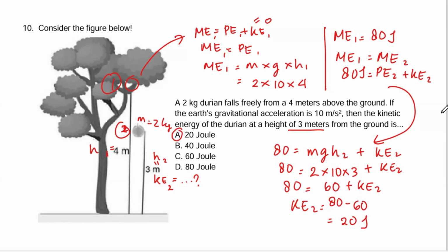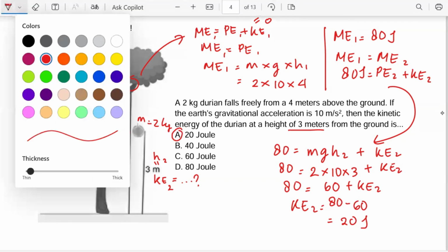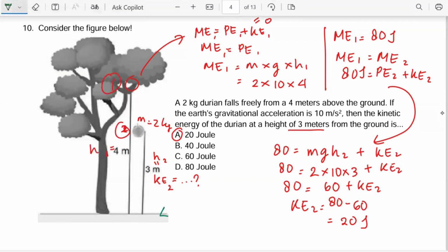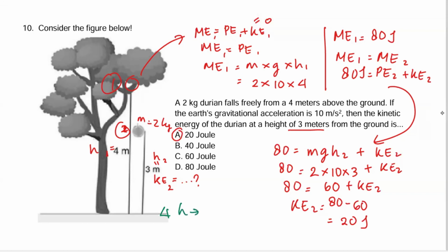There's actually a shortcut to solve this kind of problem. You just need to find the change in the height, because the change in the height will tell us the change in the PE, and the change in the PE is going to convert into KE. So we just need to find mg delta H. We can also use this to get the KE at position 2.